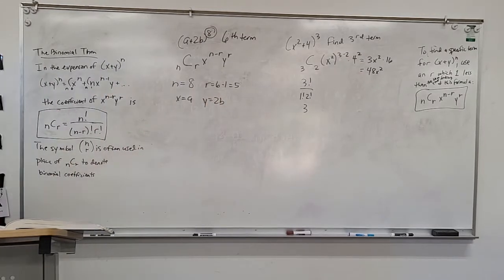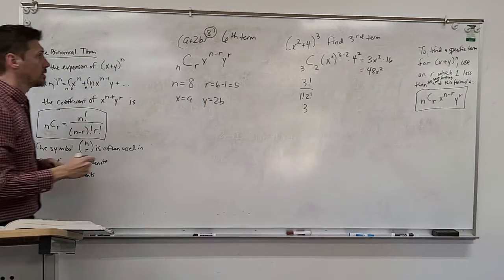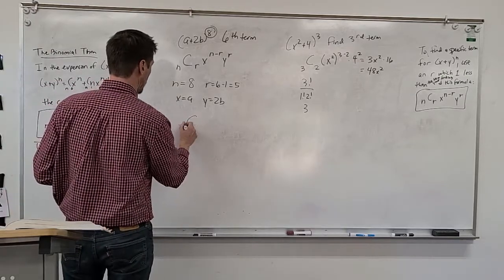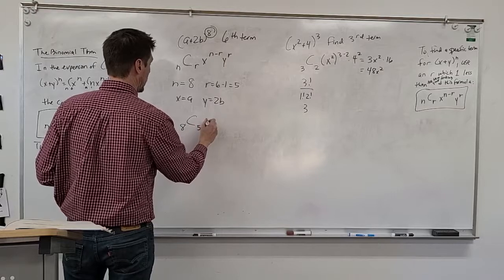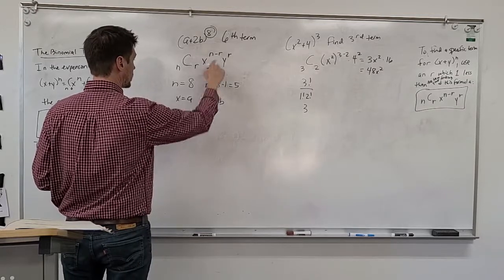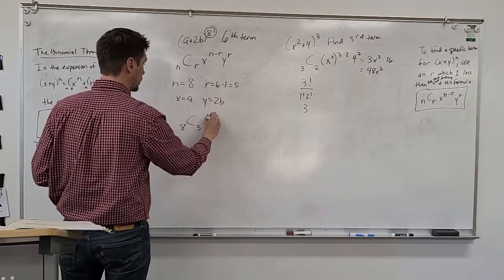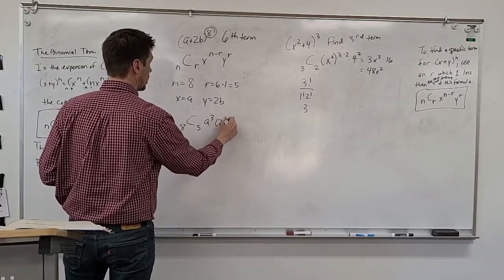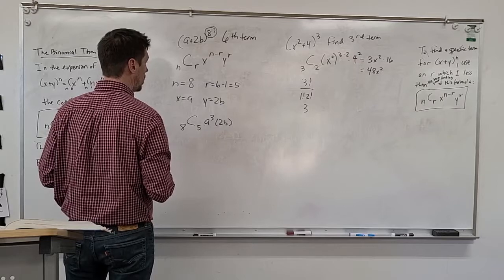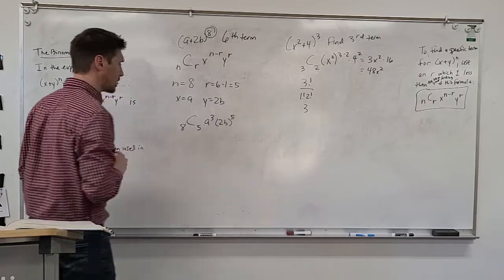So everybody see that? Yes. All right. So now if we just plug that in, 8C5 times a to the n minus r, 8 minus 5, which is 3, and then y is 2b to the r, which is 5. So it looks like that.